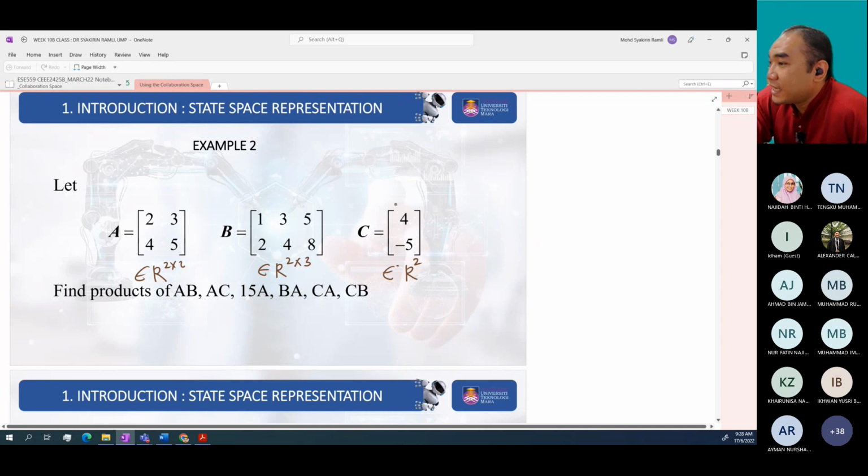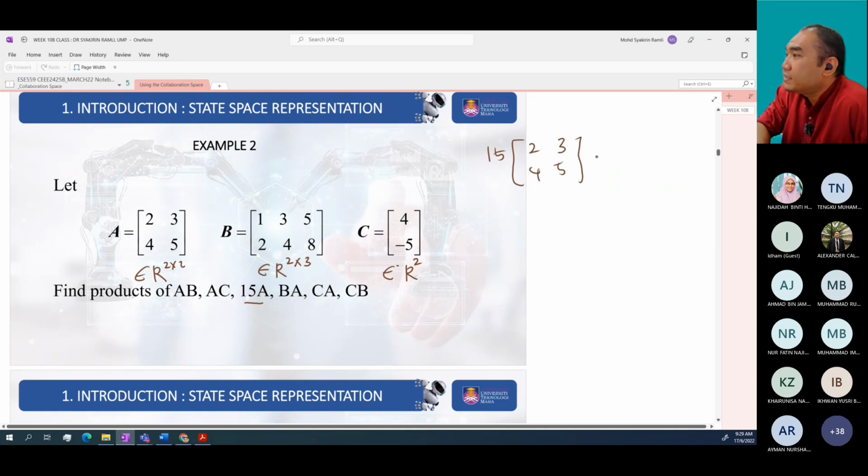Okay, let's take a look at one of the examples. If we were to multiply 15 by A, what will happen if we multiply a scalar? Kita ada 15 is a scalar value, multiply with a matrix. Katakan kita ada 15 darabkan dengan matrix A. So A is 2, 3, 4, 5.